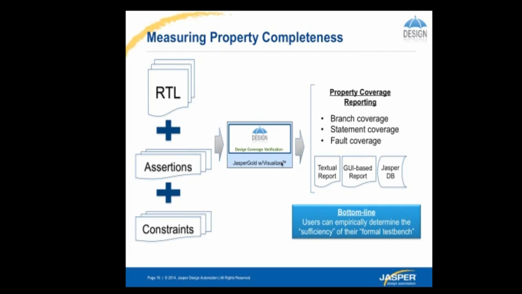And for debugging techniques, for example, if you have a cover item which is not reachable, that indicates some unreachable code. The question is how to debug it, why this cover item is not reachable. So you're leveraging the visualize capability. We'll be able to analyze and understand why this cover item is not reachable.